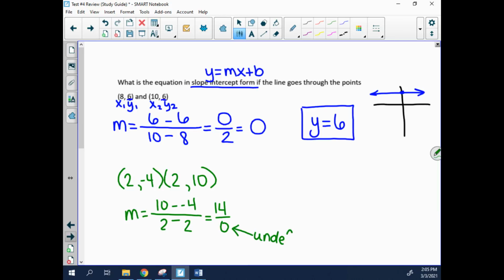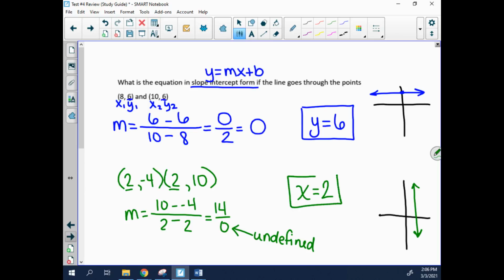We cannot divide by 0. If it's undefined, that means that instead of being a horizontal line or a diagonal line, it would be a vertical line like so. Vertical lines go through the x-axis. So our equation is only going to have x, and both x values are 2, so it would be x equals 2.